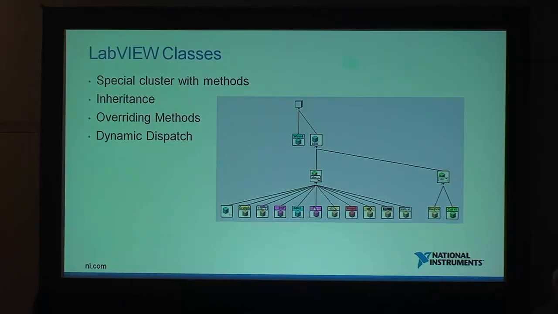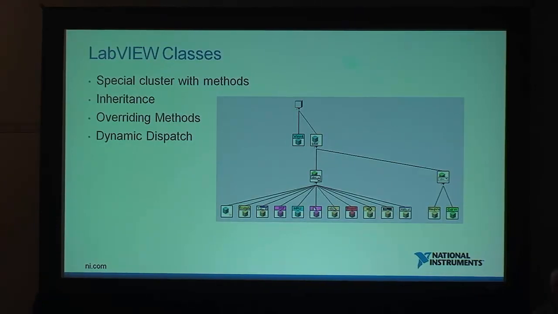One nice feature of classes is called inheritance, where you can have one class that inherits from a parent class, and you get all the benefits from that parent and the child. But you can add stuff to the child to override stuff from the parent. So if a parent has certain methods associated with it, you can override some of those methods and say instead of running the parent method, I want to use my own method and do something a little different when that method's called. That's called overriding methods.